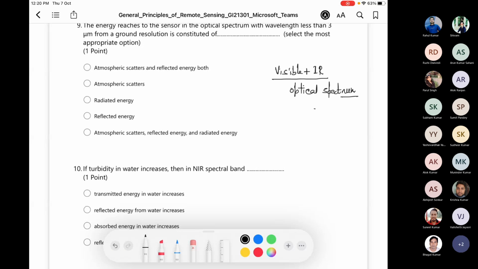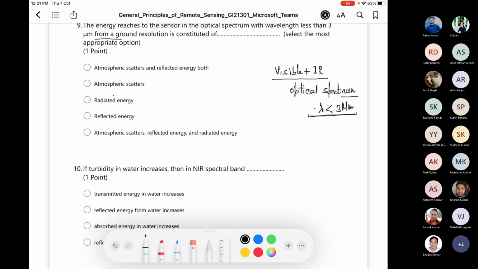Okay, so the energy reaches the sensor in the optical spectrum with wavelength less than 3 micrometer. As many times we discussed, there is the significance of the 3 micrometer dividing line in a radiated energy versus wavelength curve.